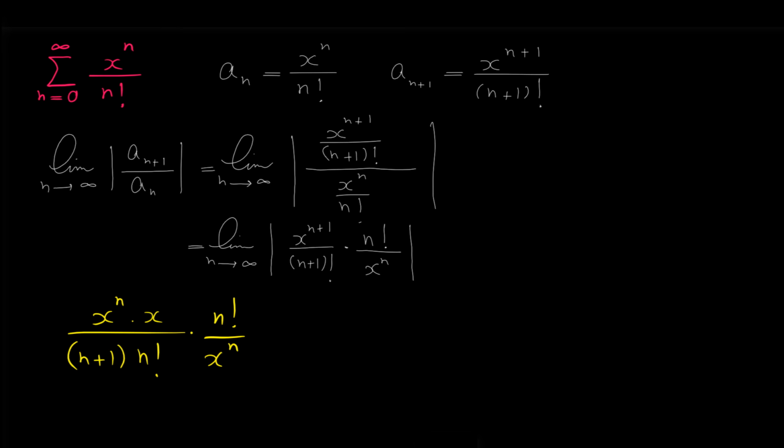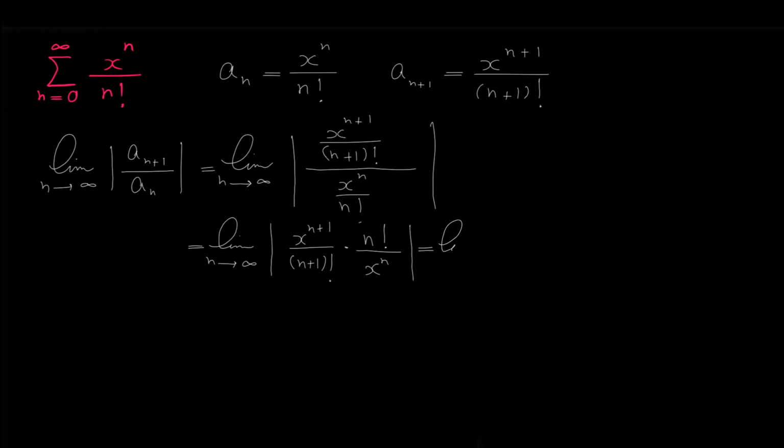Now if you look at the top and the bottom, x to the n and x to the n cancel, n factorial and n factorial cancel. And so what remains is x in the numerator and n plus 1 in the denominator. So the expression inside of the absolute is actually x over n plus 1.